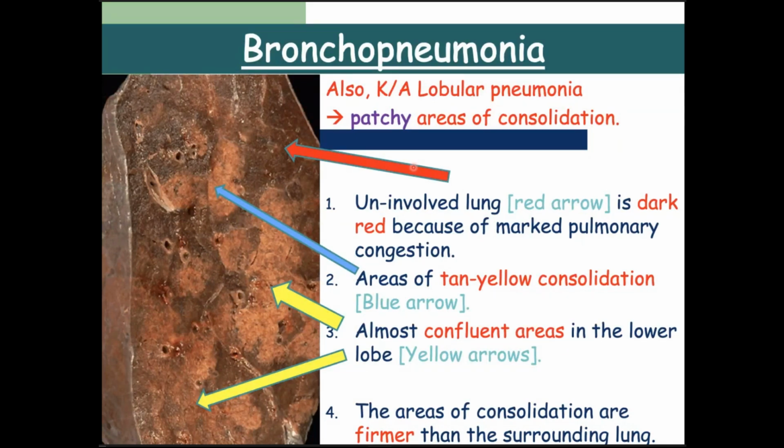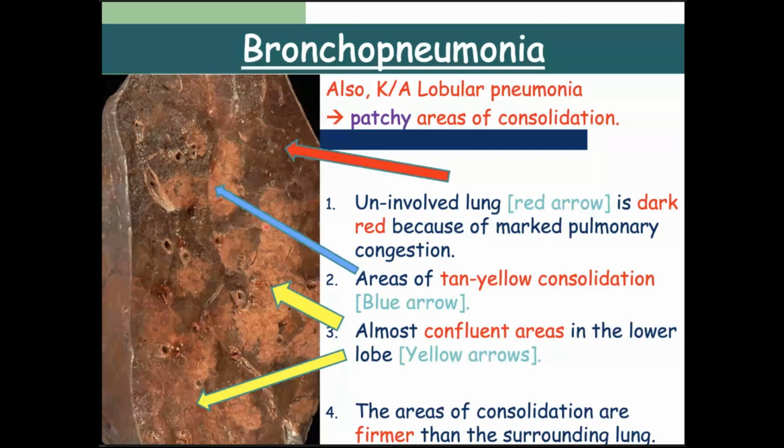The red arrow is showing the normal looking lung, just a little bit of congestion, but these are the consolidated areas, which are blue arrowed, and then as the inflammation increases, they combine together, they become larger.